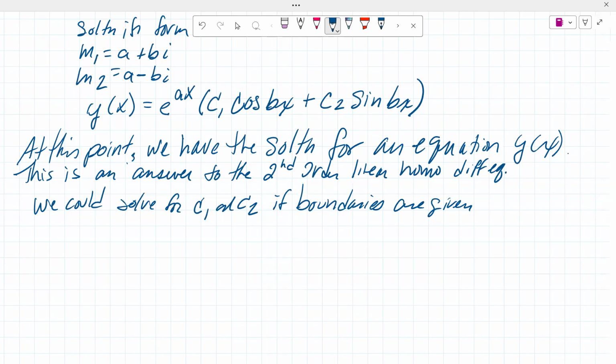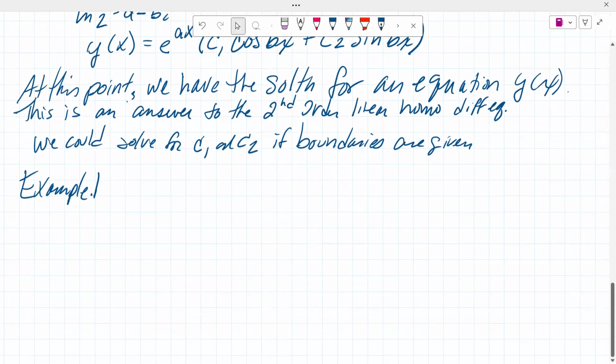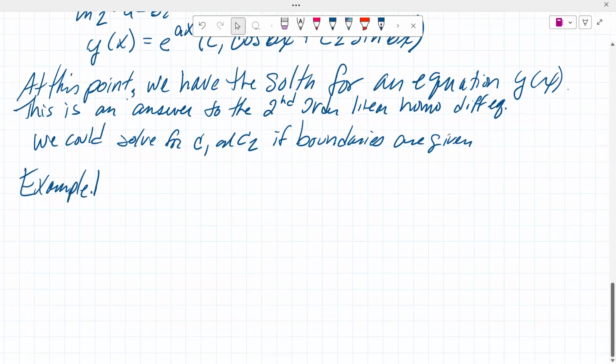All right, so let's do an example. So today's example 1. Sometimes this pen doesn't write on certain places. I'm not sure why. All right, example 1. Here's the problem. Solve. This is the instruction.